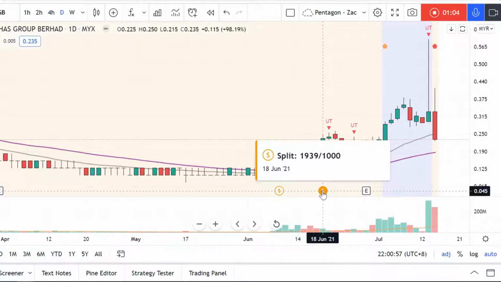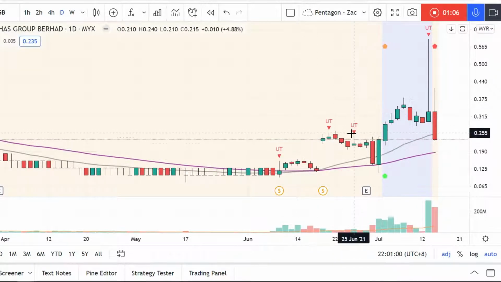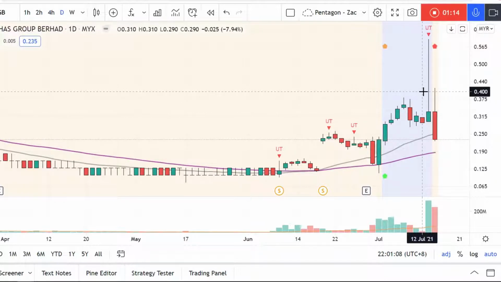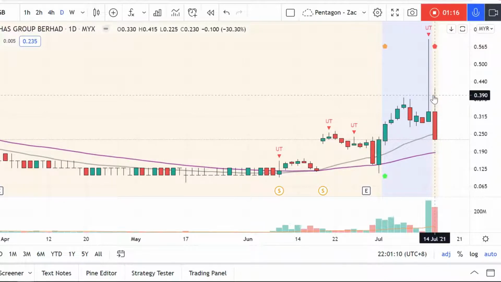I think there was a reverse split previously. It made a brief test back with high volumes, and subsequently higher volume with a UT. Today there was even higher volume with a downward move, and it turns to a red pentagon because of the huge selling volume.